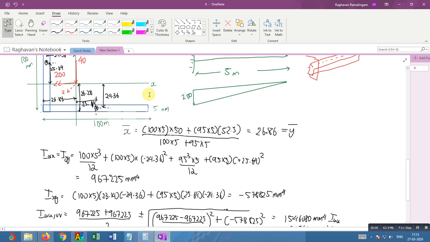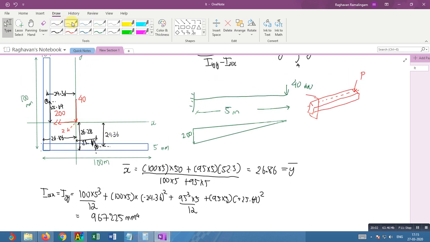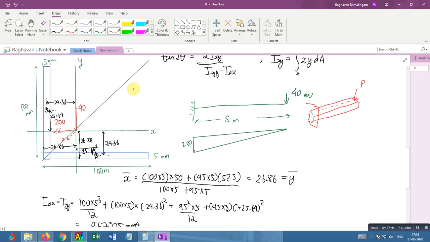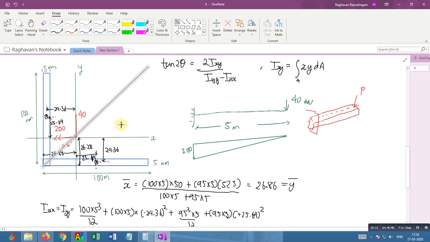So my principal axes are like this. Okay, so this becomes u, this becomes v, this becomes 45 degrees.